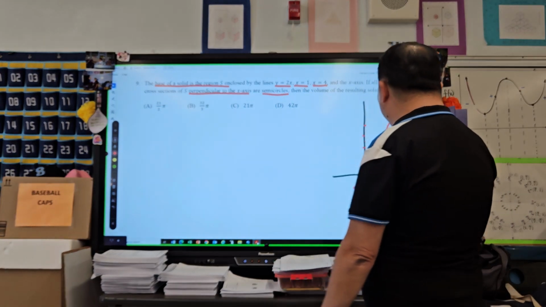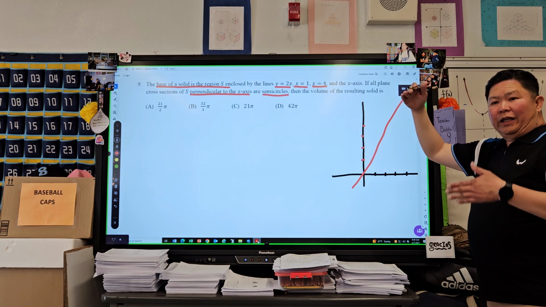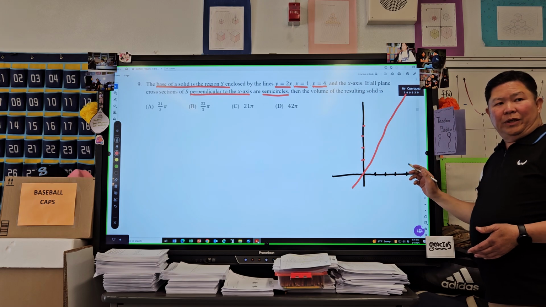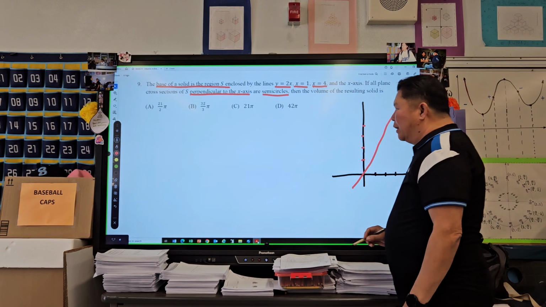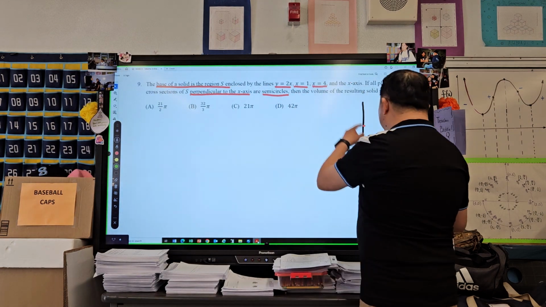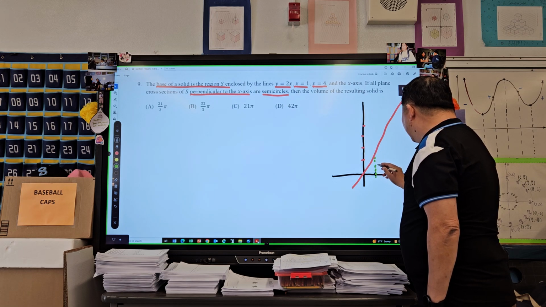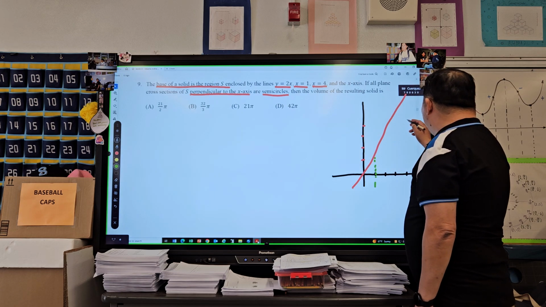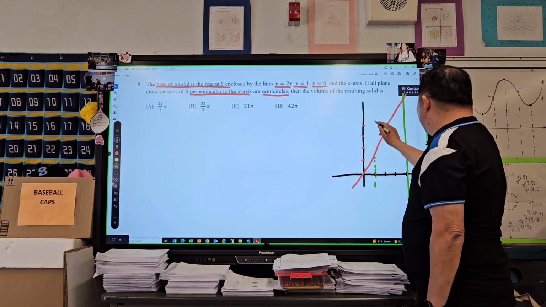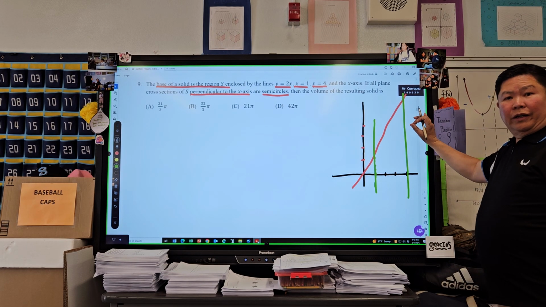Okay. So, granting that this is a straight line, and then this is being enclosed by the two intervals A to B, which is from 1 to 4. Okay, so we have the interval right here. X equals 1, and x equals 4. Okay. So this is the region, the solid, okay?